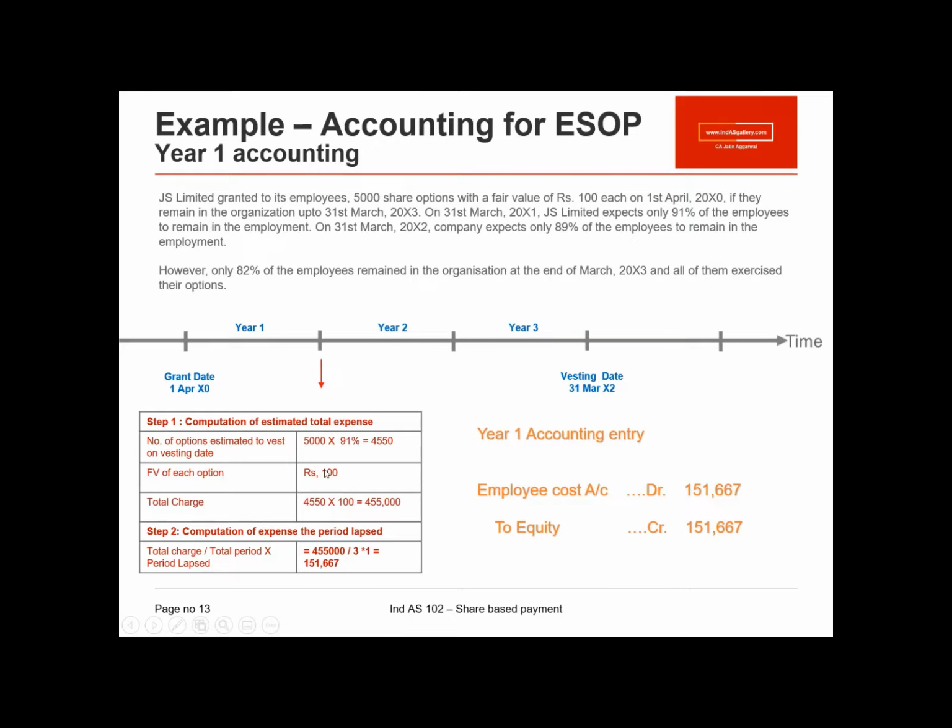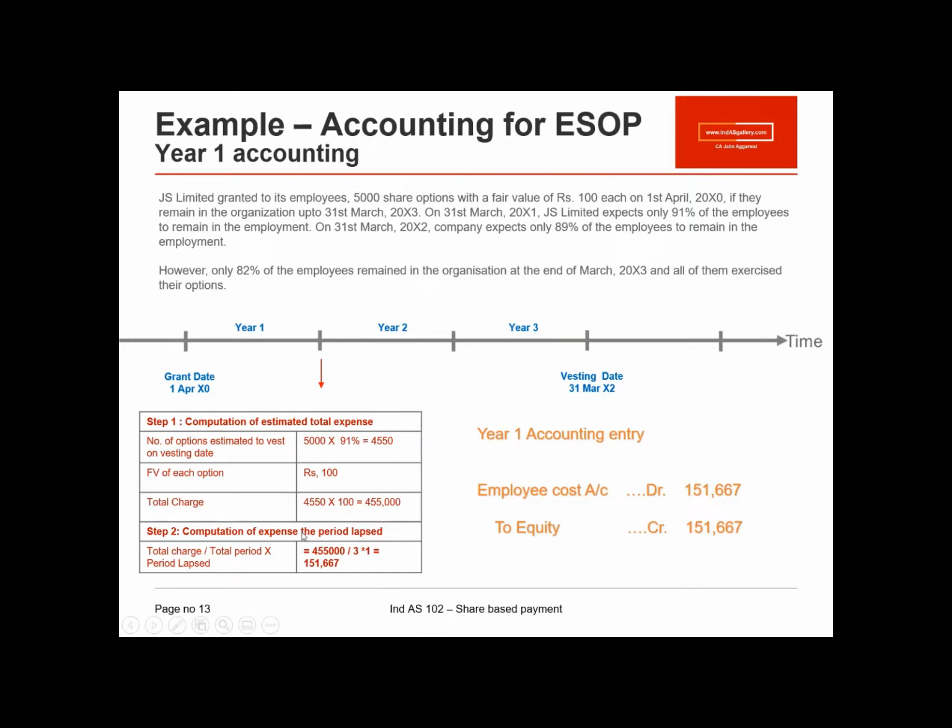So we'll take this as a base, and the total charge which is estimated is 4,550, which is the number of options multiplied by the fair value of each option, which gives me a total charge of 455,000. Right? What is the cumulative expense that needs to be recorded at the end of year 1? What was the total service period? 3 years. So in the total service period, my estimated expense is 455,000.